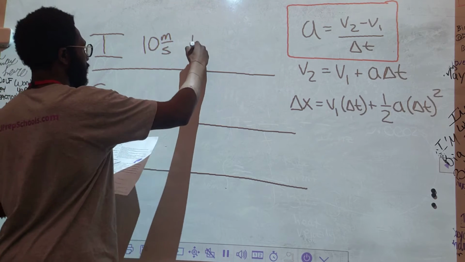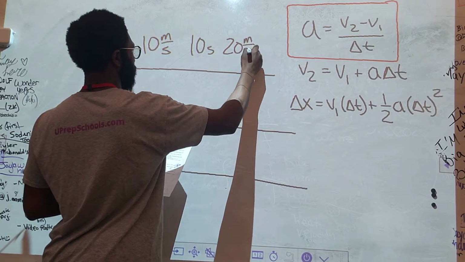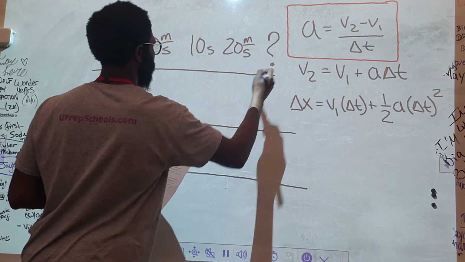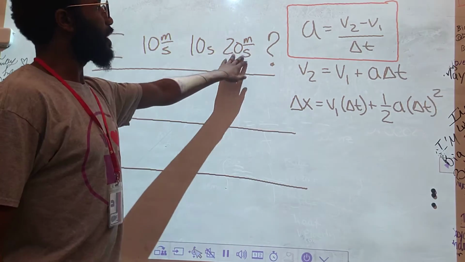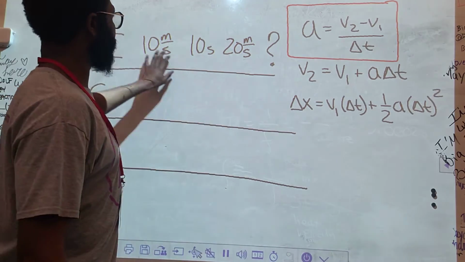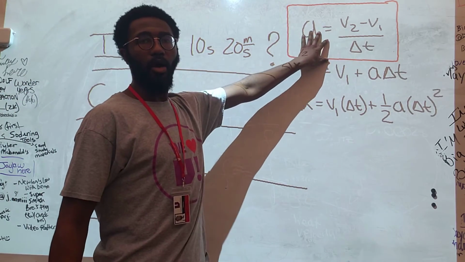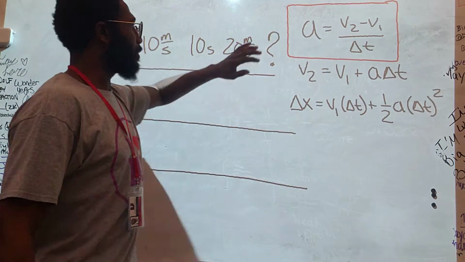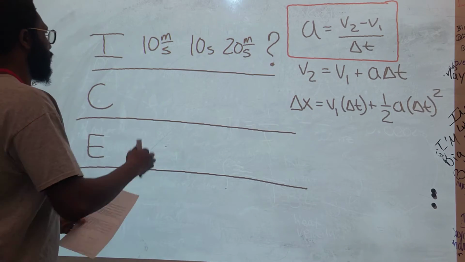After driving for 10 seconds, the car is moving 20 meters per second. What is the car's acceleration? Okay, so we literally just wrote down every measurement they gave us, and then we wrote down a question mark because they do ask us a question. Now we're going to have to figure out what symbol each of these measurements is in this equation. But first we just want to write them all down, write down our question, okay?